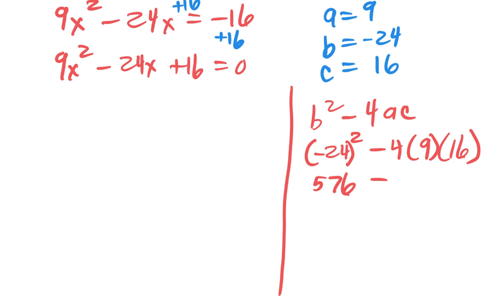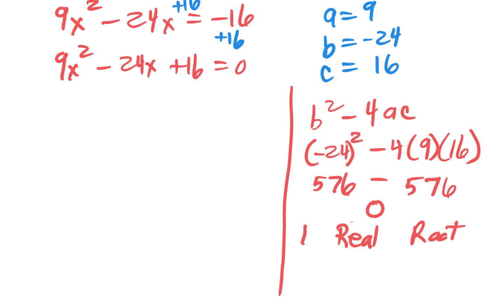If I multiply 4 times 9 times 16, oh wow. All right, where was I? Oh yes, so 4 times 9 times 16 is also 576. So that gives me a discriminant of 0. Okay, so discriminant of 0, that tells me that I have one real root.